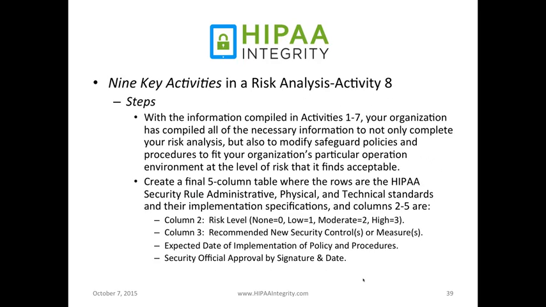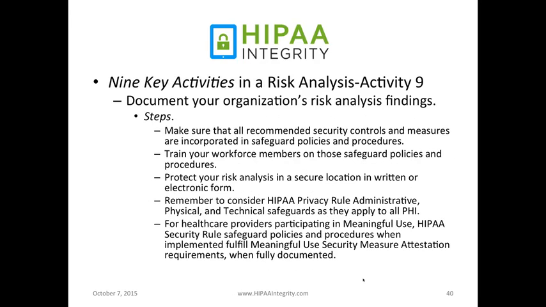So you would create a 5-column table where the rows are each of the rules and assign the risk levels, recommend new security controls or measures, expected date of implementation of policies and procedures, and get the security official to sign off on it.